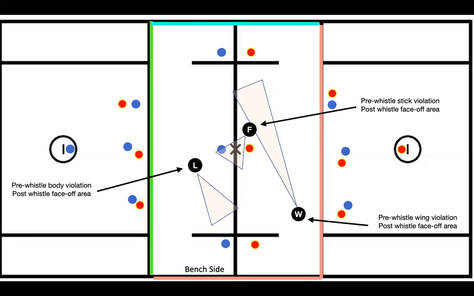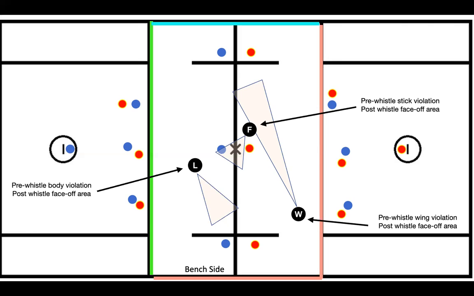Our responsibilities and authority on the face-off: the lead left has the green, the face-off official has the blue, and the wing official has the pink. So those are the line violation responsibilities.